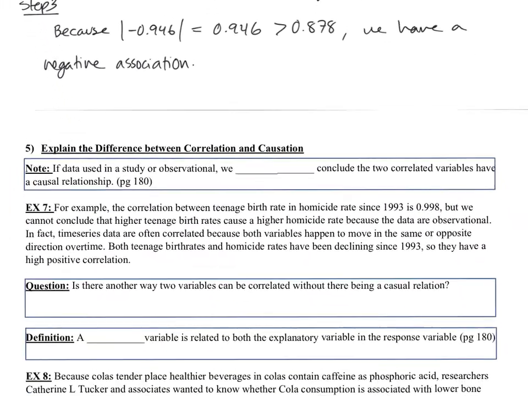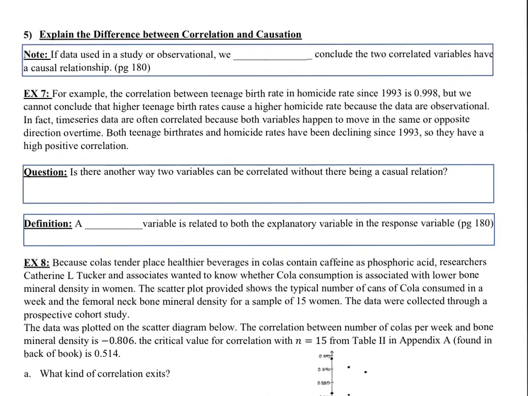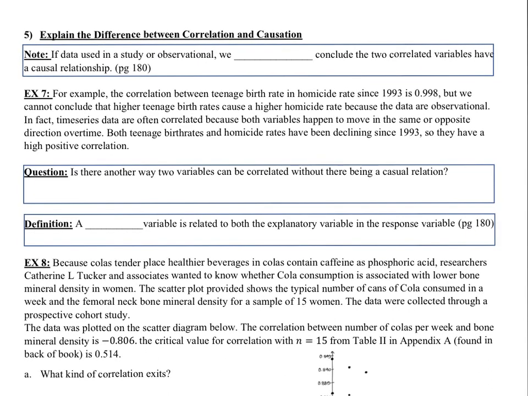Okay, now let's take a look at the next part. And there are some typos in here. Sorry, I hopefully have fixed it by the time you get your notes. So for objective 5, if data used in a study are observational, we cannot conclude the two correlated variables have a causal relationship. For example, the correlation between teenage birth rate and homicide rates since 1993 is 0.998.